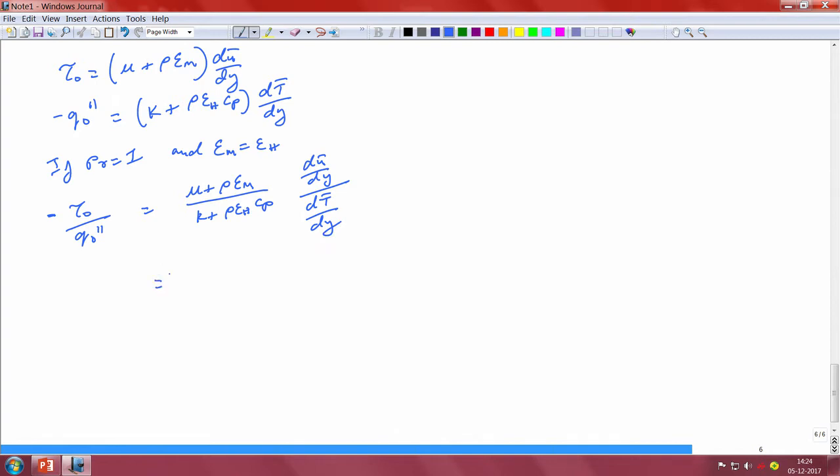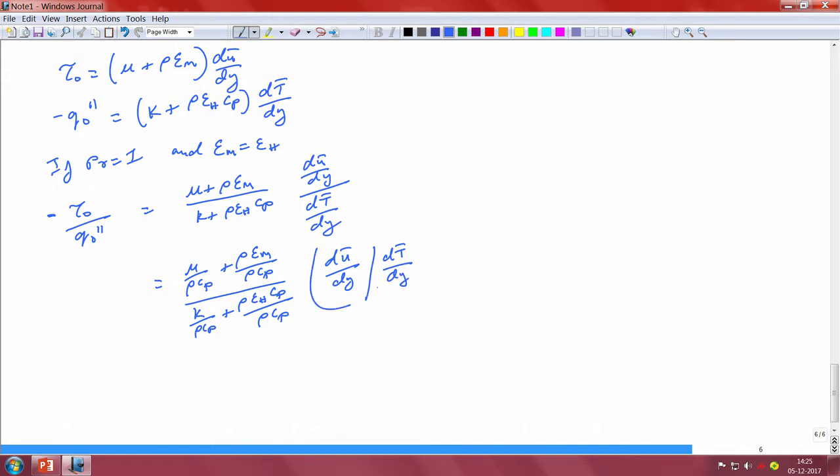Or in other words, so I am not writing the left hand side anymore, I will write the right hand side: rho Cp plus rho epsilon m divided by rho Cp, divided by k over rho Cp plus rho epsilon h Cp divided by rho Cp. So, du bar by dy divided by dt bar by dy. Okay.